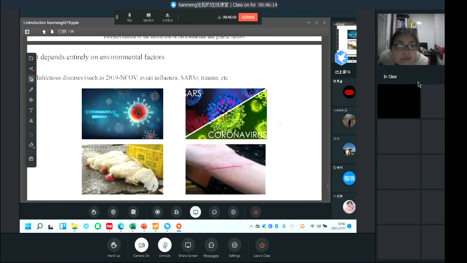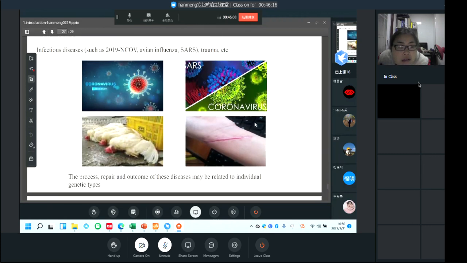But the disease process, or the repair and the outcome of this disease, may be related to individual genetic types.